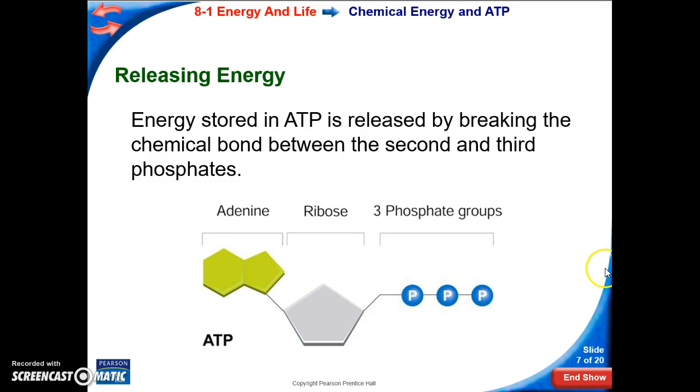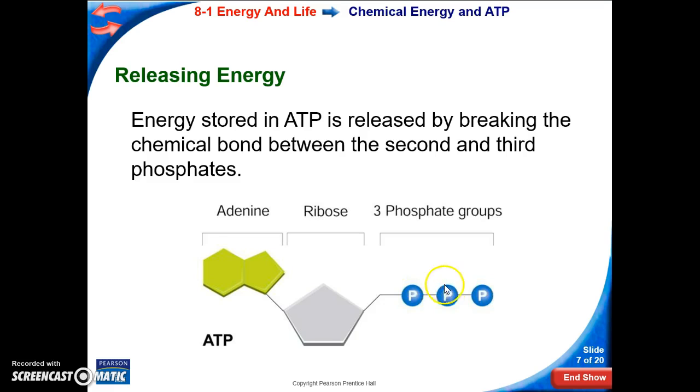In order to get the energy out of ATP, what has to happen is breaking apart this bond right here. I've seen this pictured in a lot of different books or videos. In fact, the one that I referenced you to watch shows the same thing.